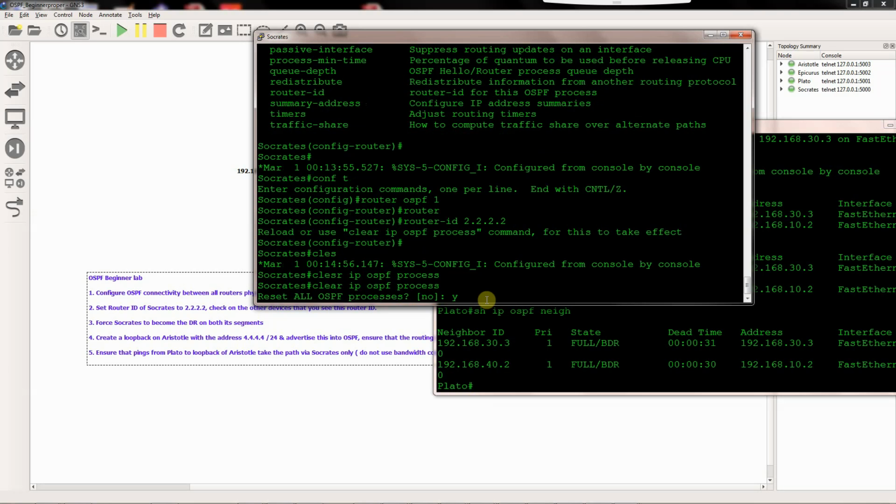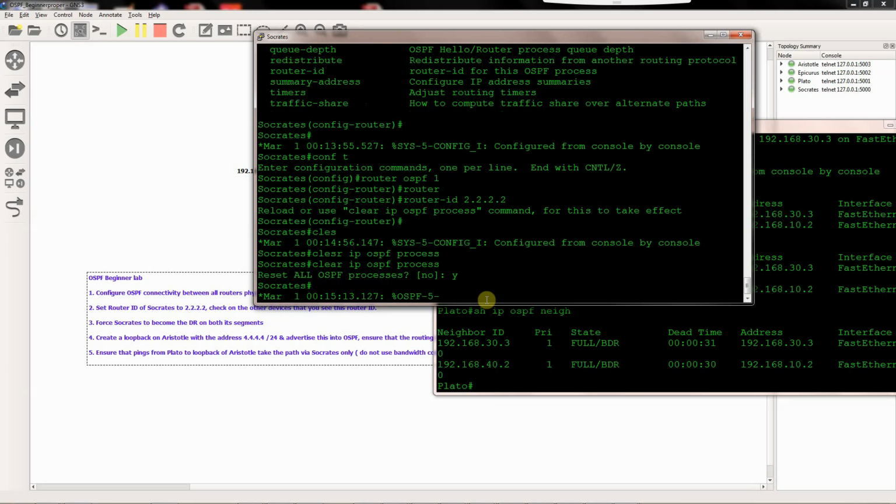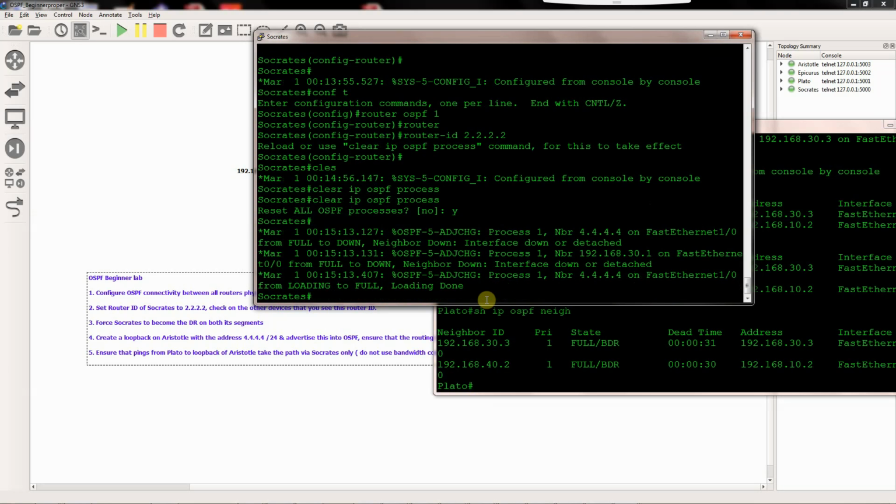It always asks you for a confirmation, because obviously what this does is tear down any OSPF relationships that you've got. Not something you want to do in the middle of a day on a production network.